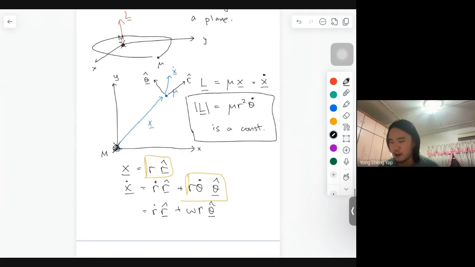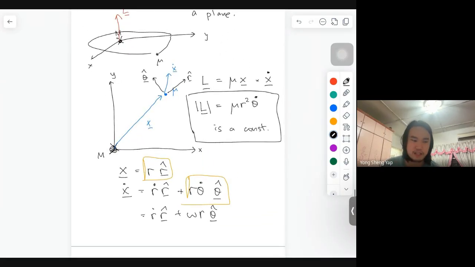So we have the first conserved quantity that we have.